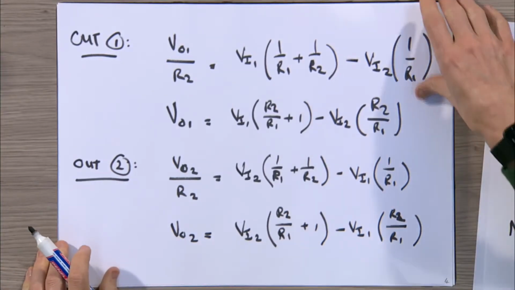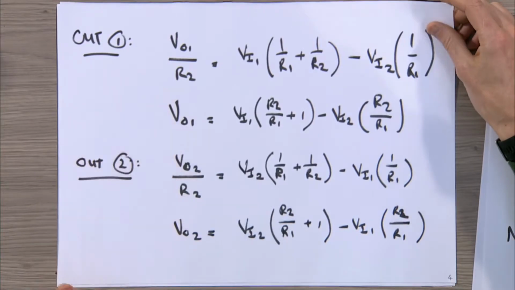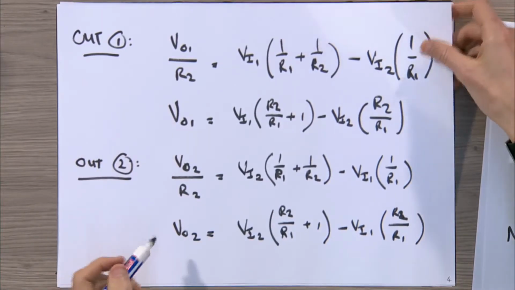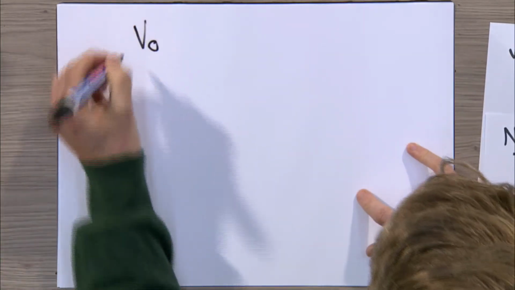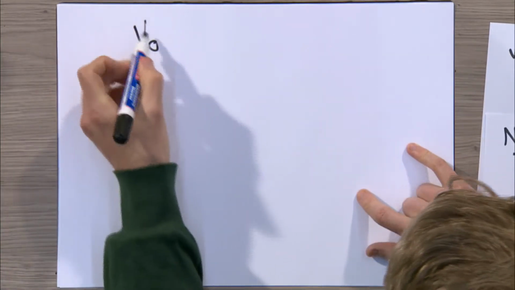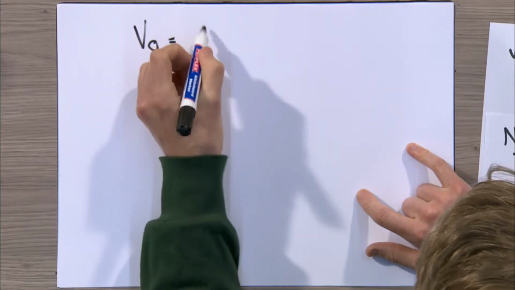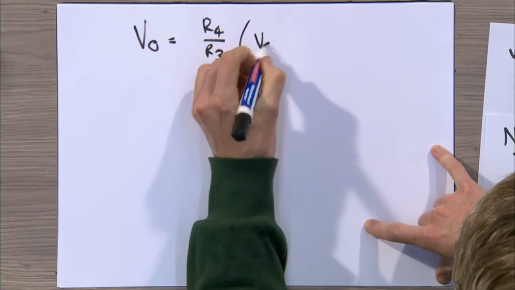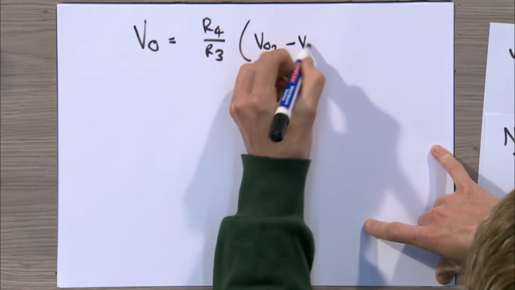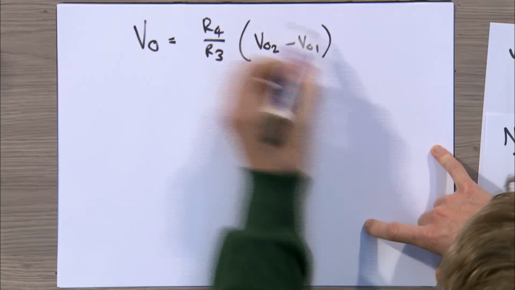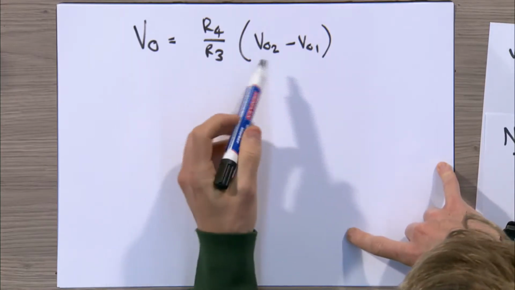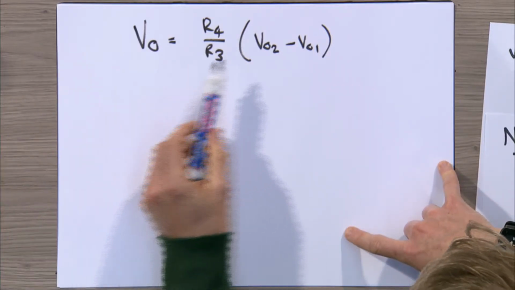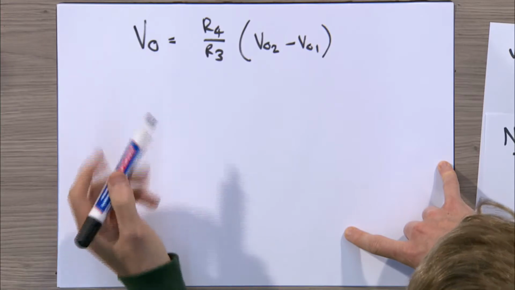So we plug these two into our differential amplifier equations. For our eventual output voltage, that is our gain, which is R4 divided by R3, multiplied by (Vout2 minus Vout1). This comes from the derivation that we did previously for the ideal differential amplifier.